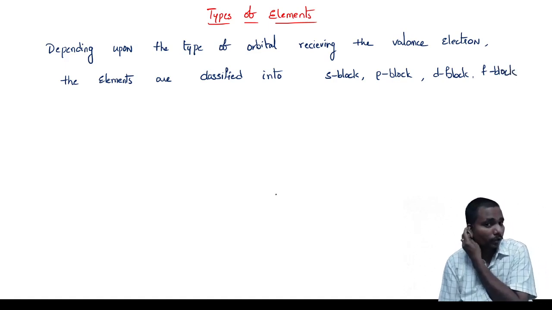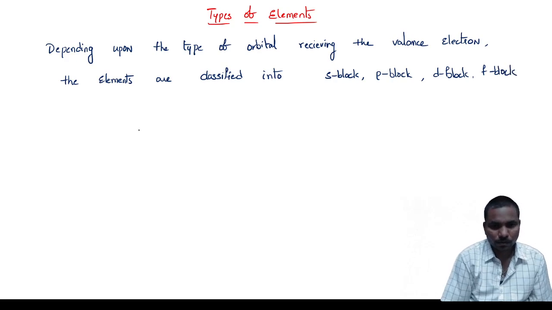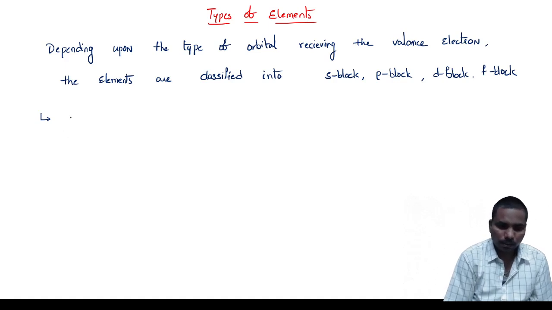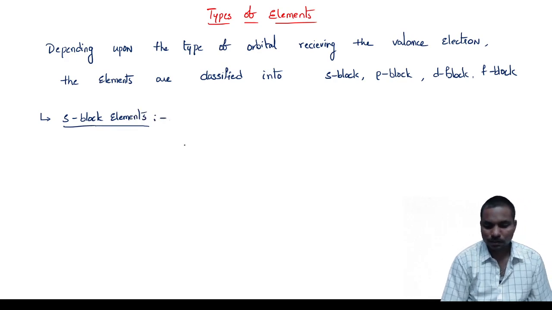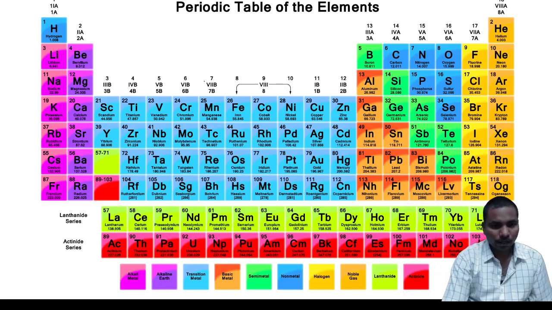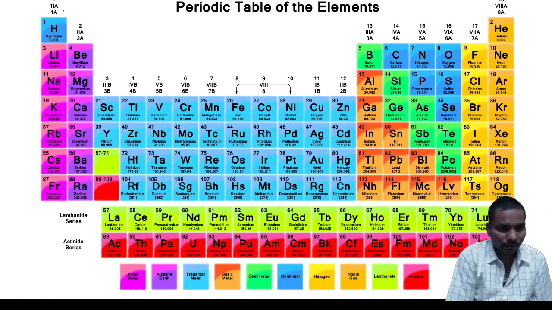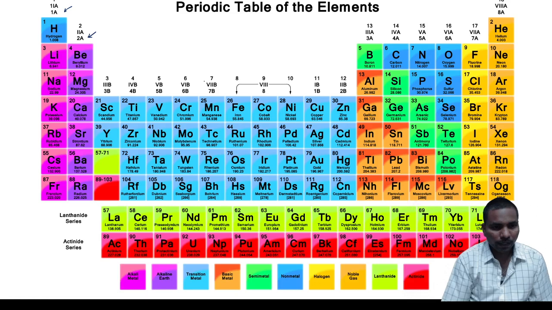Okay, so coming to S block elements. Which are S block elements? Group 1A and 2A are considered as S block elements.